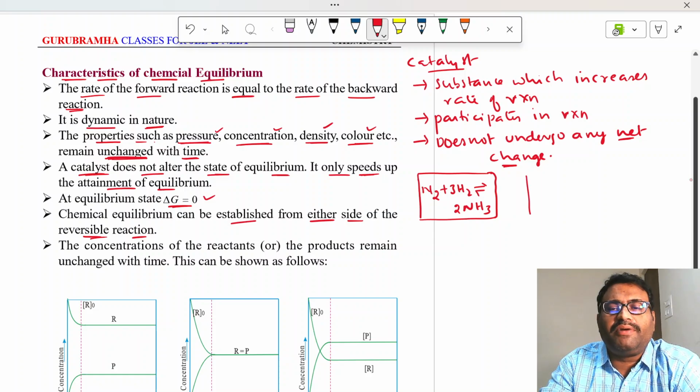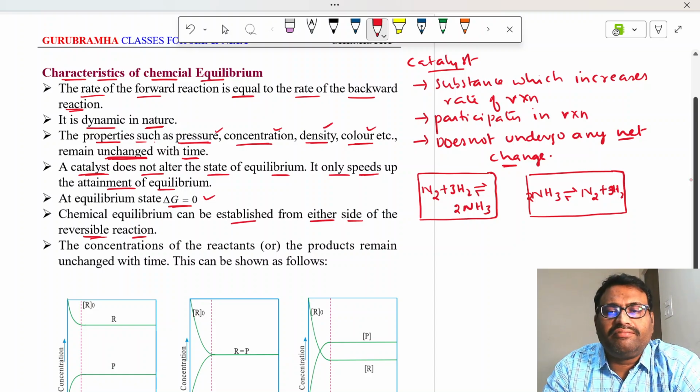This can also be obtained by taking ammonia. If you take ammonia, it is dissociating into N2 plus 3H2. So here, a similar equilibrium: ammonia is in equilibrium with nitrogen and hydrogen. In this also, ammonia is in equilibrium with nitrogen and hydrogen.